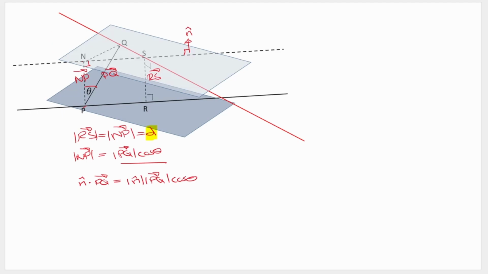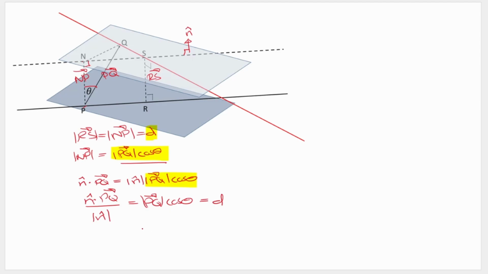So you can see that we have the mod PQ cos theta up here and here. So all we have to do now is divide both sides through by the mod of n, the normal vector. So I end up with n dotted with PQ divided through by the modulus of n, and that's going to give us our value mod PQ cos theta, which is in fact equal to our distance d, which is what we're looking for.